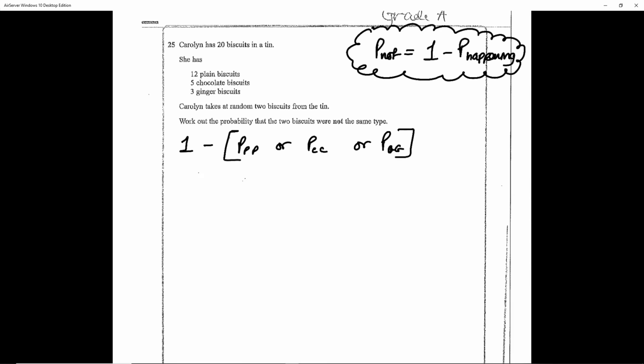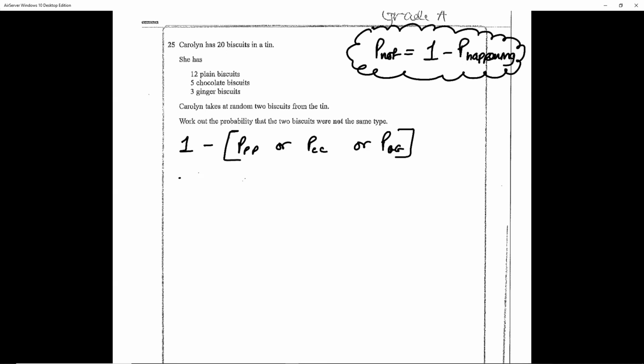Another question to you, Abdullah, at the back. What's probability of not happening and happening equal to? 1. Just rearranging it. That's where it comes from. So the probability of something not happening is 1 minus it happening.